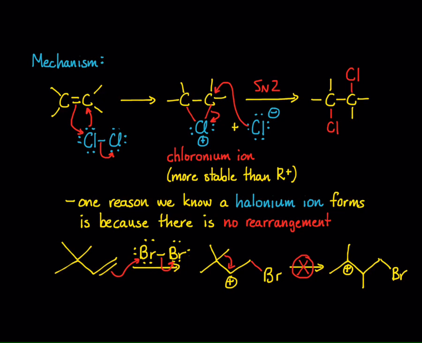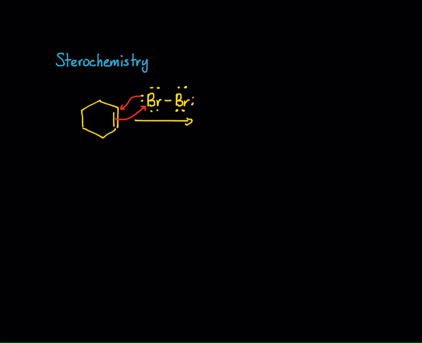Another reason that leads us to think about the bromonium ion or the halonium ion forming deals with stereochemistry. So if I think about the reaction of cyclohexene reacting with bromine, the pi electrons add to bromine, the non-bonding electrons go back to the alkene, the bromine-bromine bond breaks.